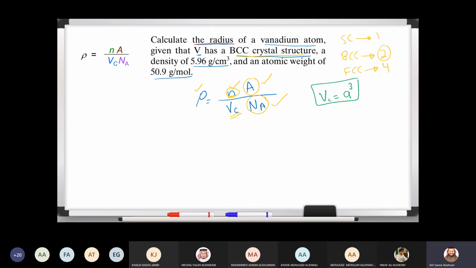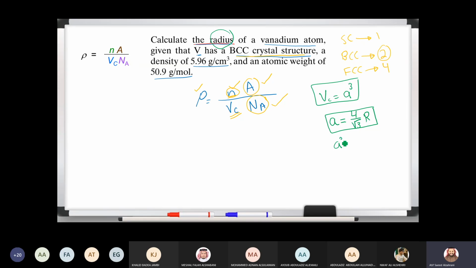But since he's asking about the radius, not the edge length, we also did something last class, which is to find the relationship between a and R. I refer you to the last lecture, but we found that a is equal to 4 over square root of 3 R. So this is something that we derived in the previous lecture.